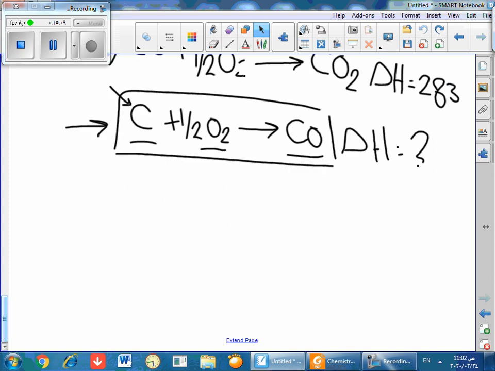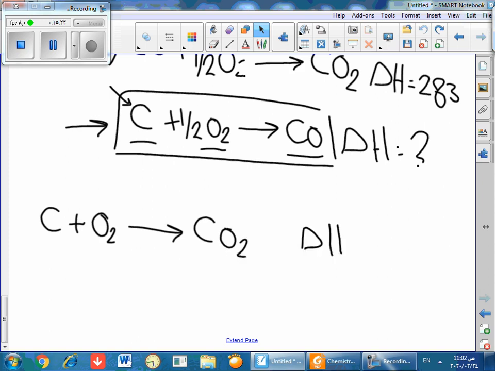So chemical equation number 1 is C plus O2 forming CO2, and delta H of this reaction equals negative 393.5.